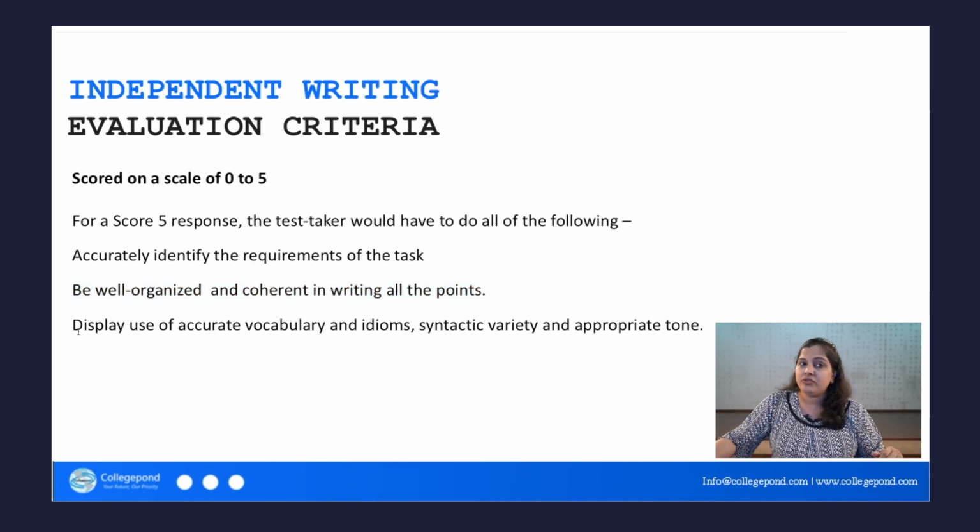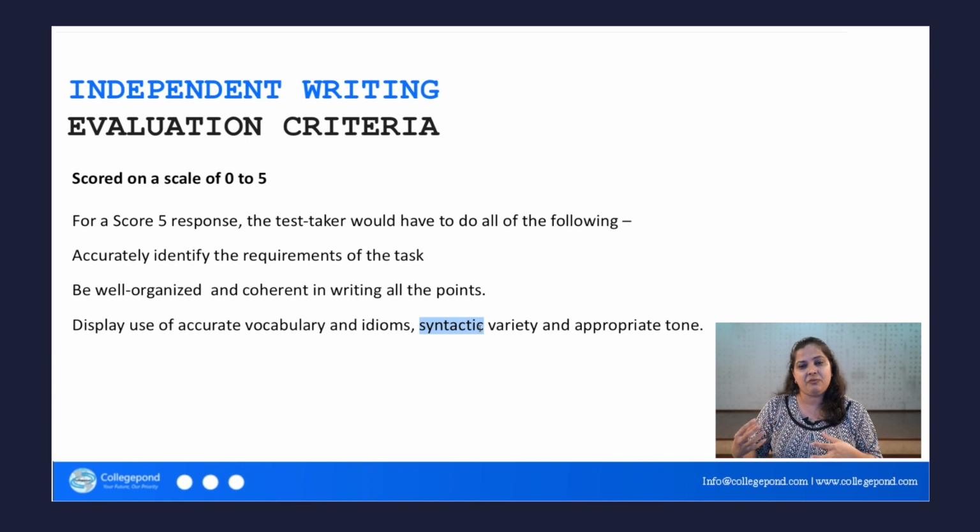You have to also display use of accurate vocabulary and idioms, which means no superficial language, no high-level vocabulary needed. If you know some good idioms that you can use which are related to the topic, that's well and good, but don't force yourself into using it. It looks very unnatural otherwise. You have to use a lot of syntactic variety, which means you don't want to be writing the same kind of sentences.